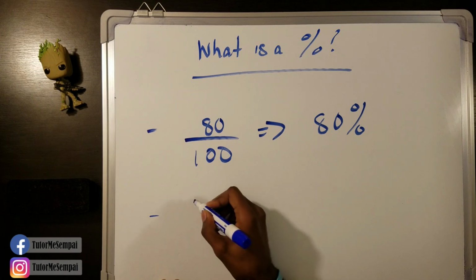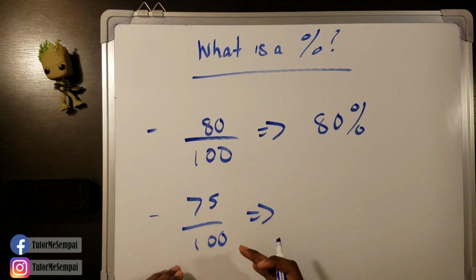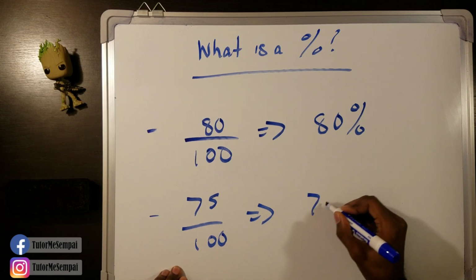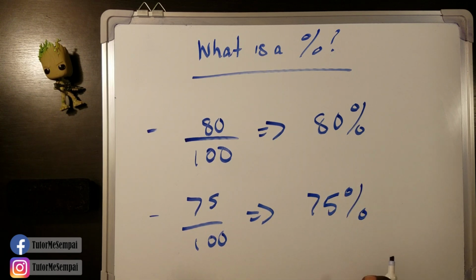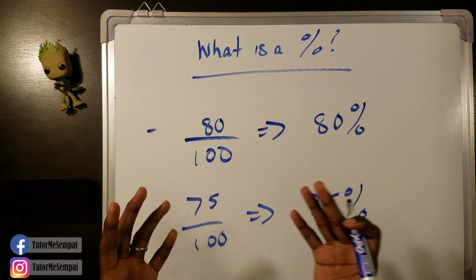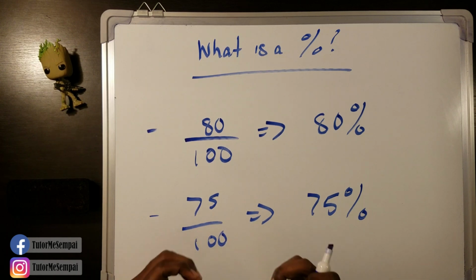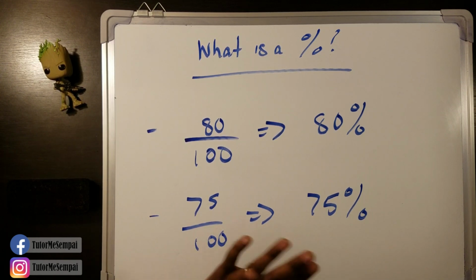Same thing for, let's say, 75 over 100. 75 over 100 is just going to be 75%. So this percentage is just a shortcut, a shorthand, if you will, for writing out a fraction with 100 in the denominator. Just a shortcut.